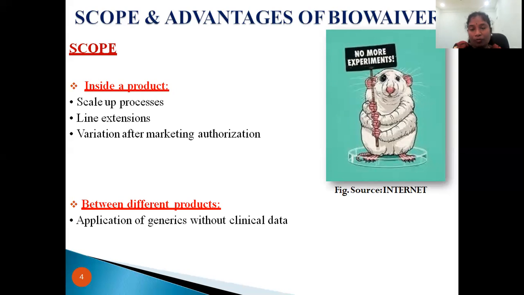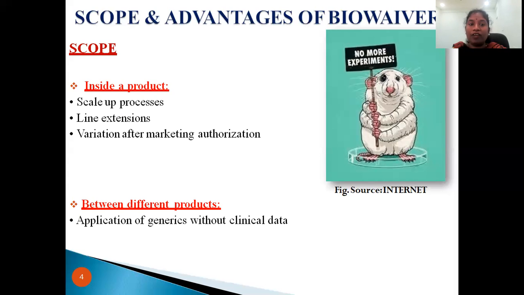And when you are comparing the test with the reference product, that means when you are comparing the branded versus generic product, these biowaiver procedures are very useful.